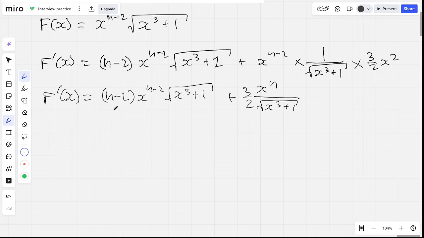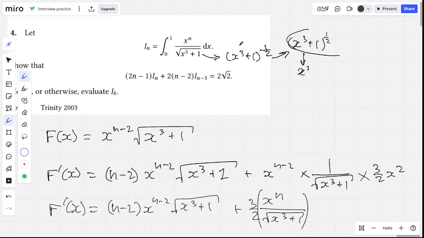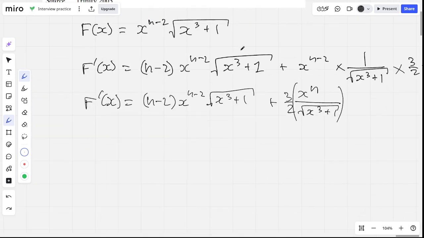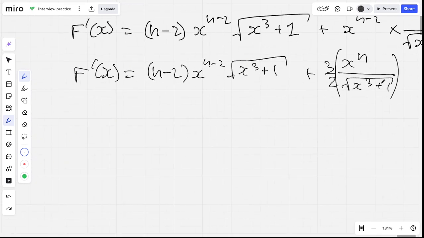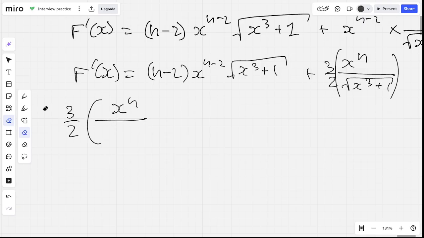Now I'm going to rearrange to make this the subject. Because notice that this is very close. This is actually the body of my integral. So I know I'm going somewhere with this. So I'm going to rearrange for this, and then I'll explain what I'm going to do. 3 over 2 x to the n, square roots.